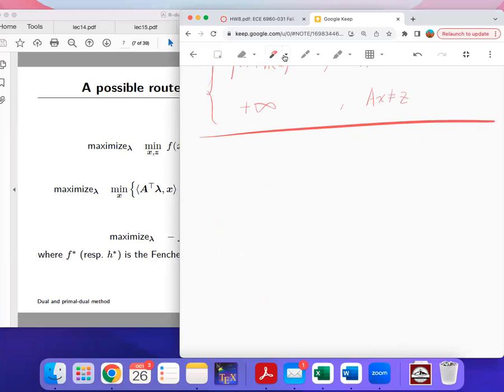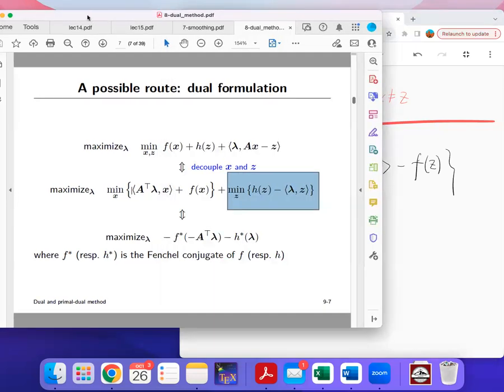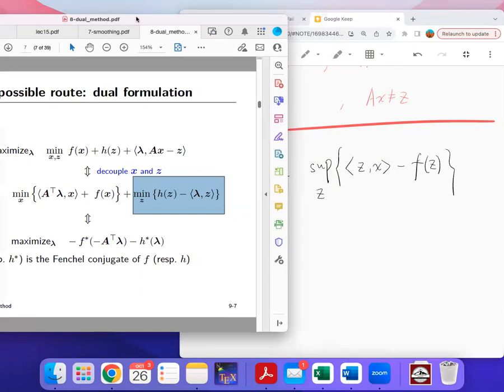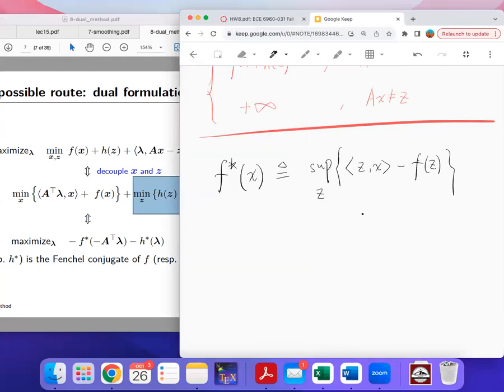Just recall, the conjugate function of f evaluated at x is defined as the sup over z of z times x minus f(z). This is the definition.